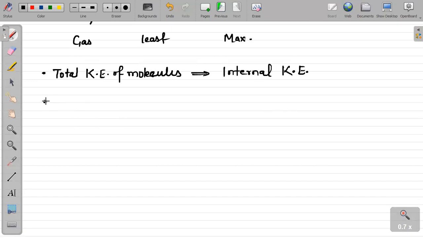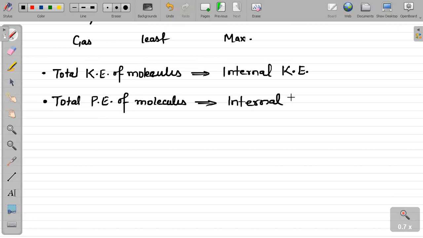Total PE of molecules implies internal PE.